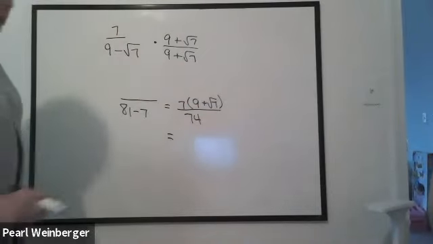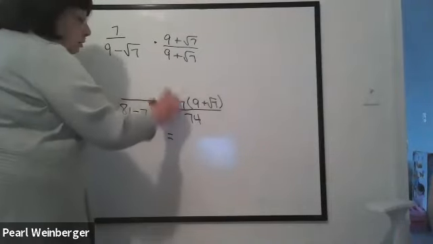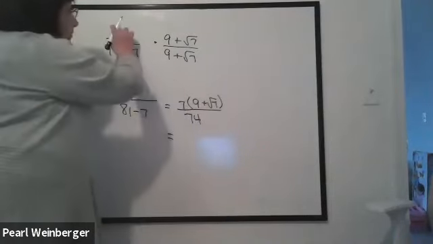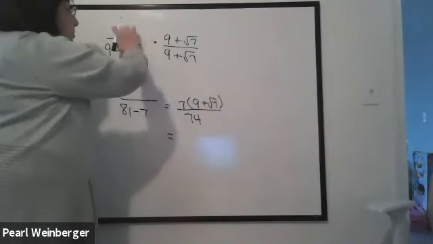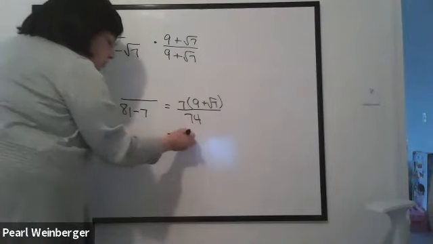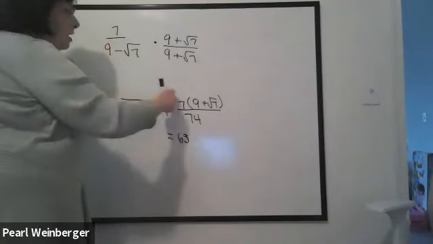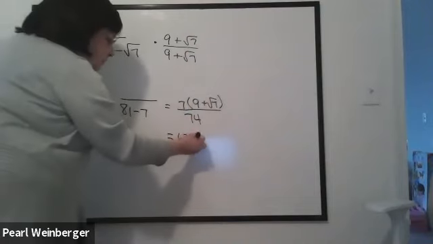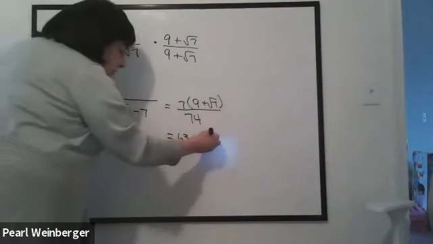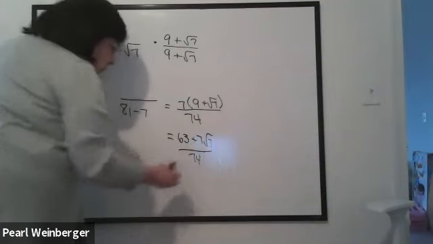More likely is that we will actually do the multiplication, but don't forget when you're multiplying by the 7, you have to use the distributive property. So 9 times 7 is 63, and 7 times radical 7 is 7 radical 7, and that's all over 74.